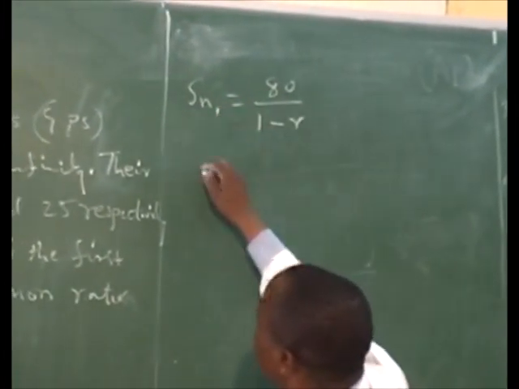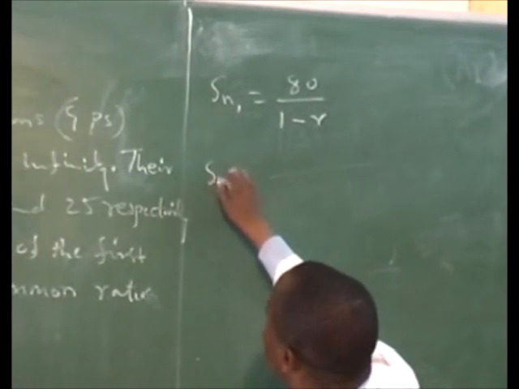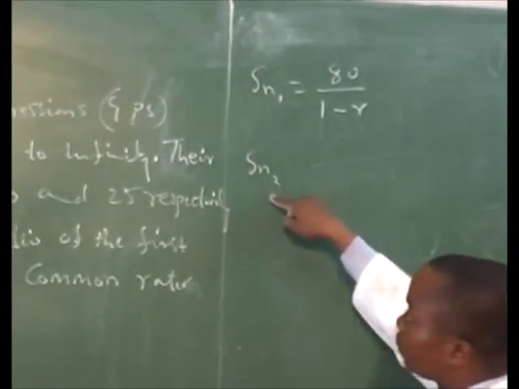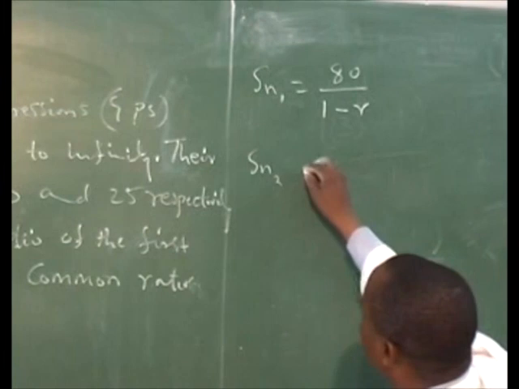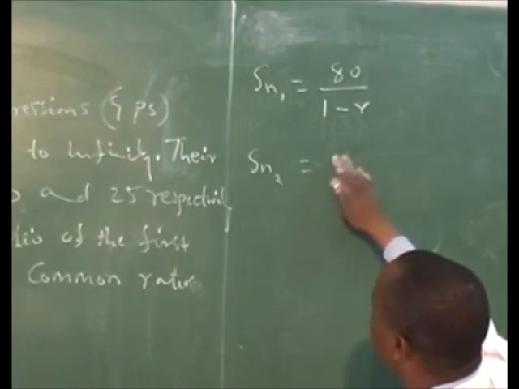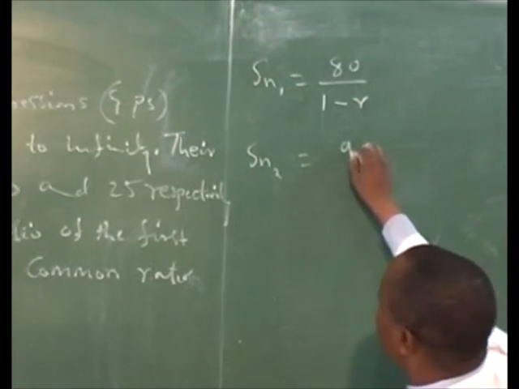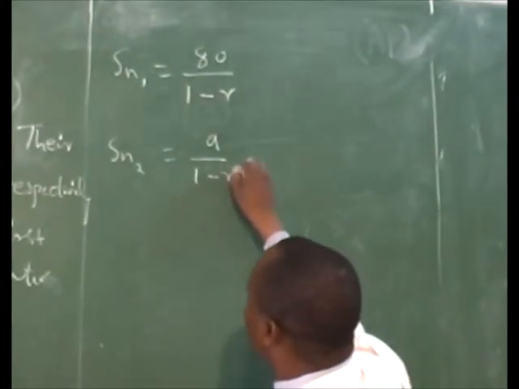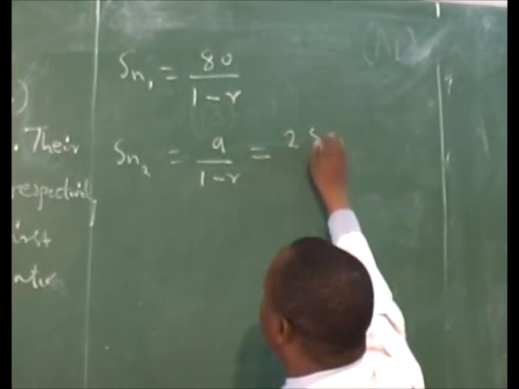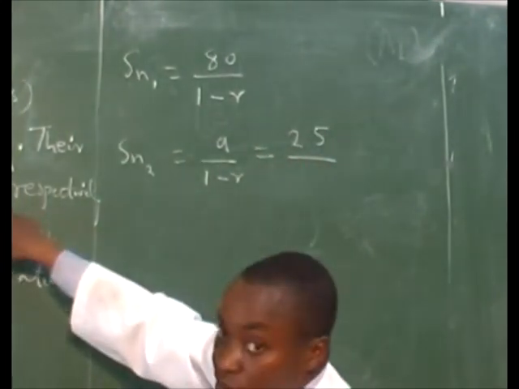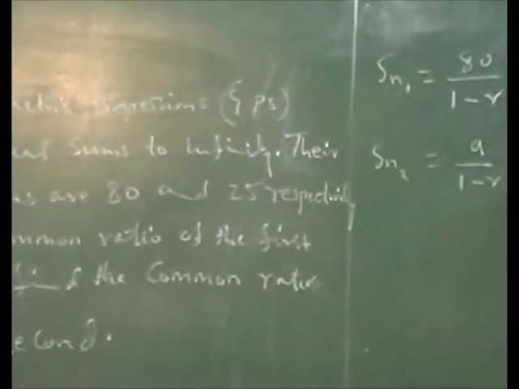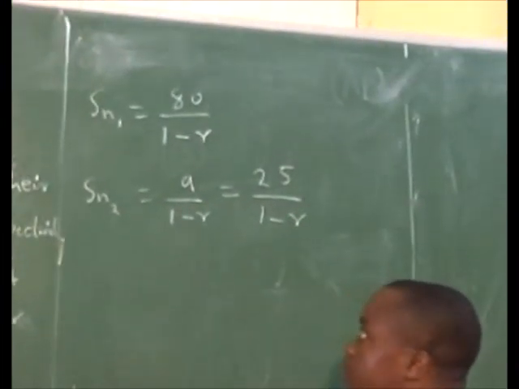Let me call that one 1. Now, Sn2, as for the second GP, sum to infinity, we will have A all over 1 minus R, which is equal to 25 all over 1 minus R. That's what they give.